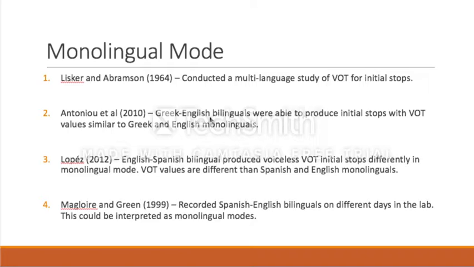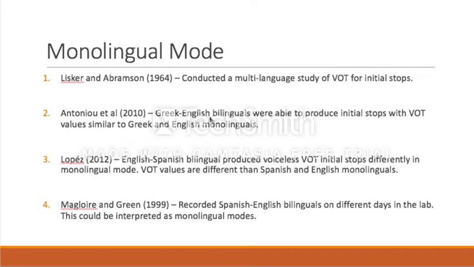And they found that they were actually able to produce initial stops with VOT values similar to Greek and English monolinguals in their respective monolingual modes. Lopez, 2012, used English-Spanish bilinguals who produced voiceless initial stops with VOT differently in monolingual mode. The VOT values are different than the Spanish monolinguals, as referenced back to Lisker and Abramson in 1964.